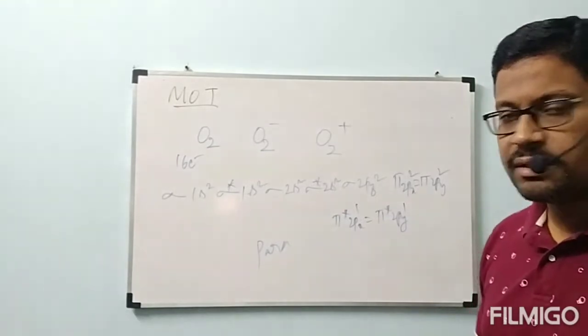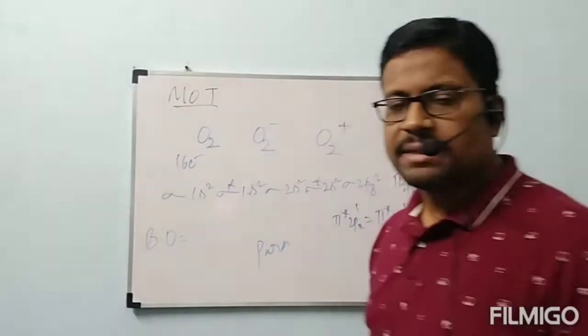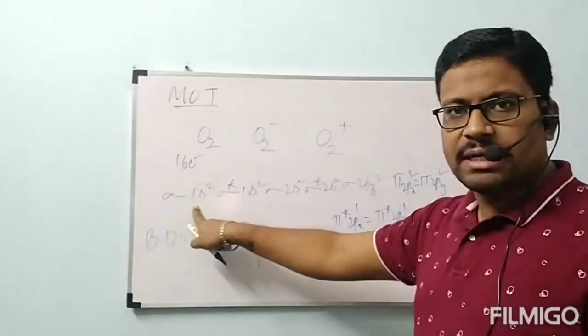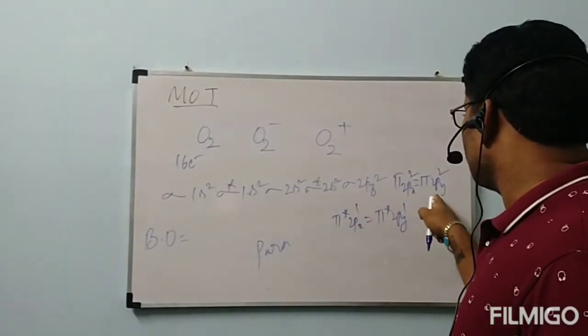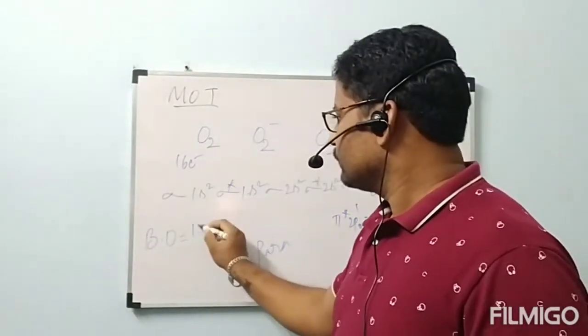Now what is the bond order? Please observe carefully. Number of bonding molecular orbital electrons: 5 orbitals are there, so 10 electrons.